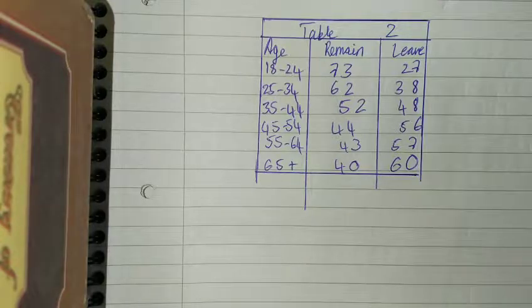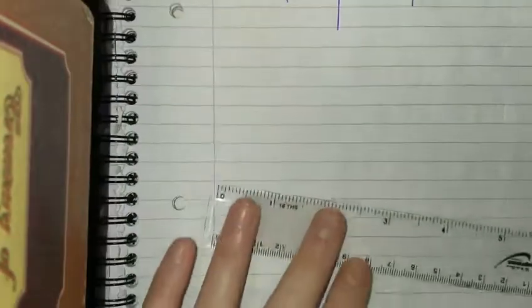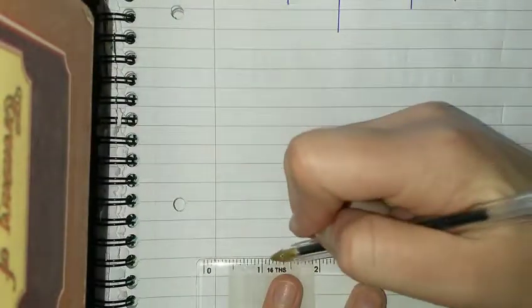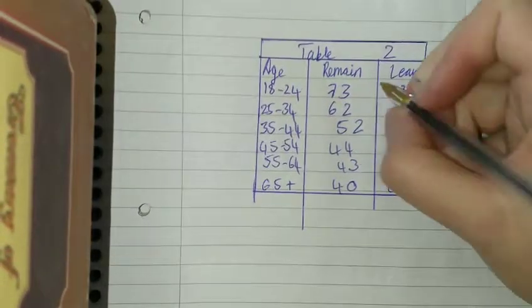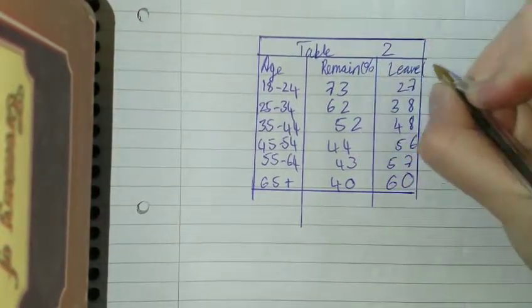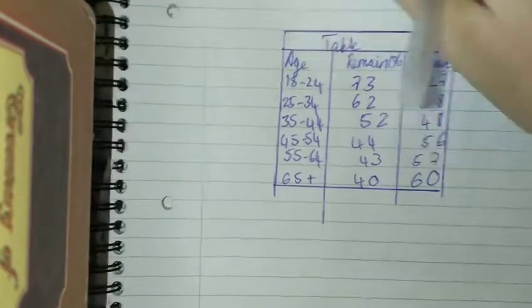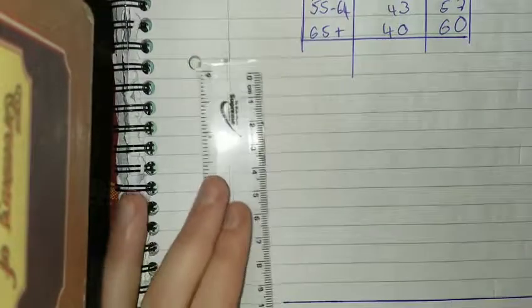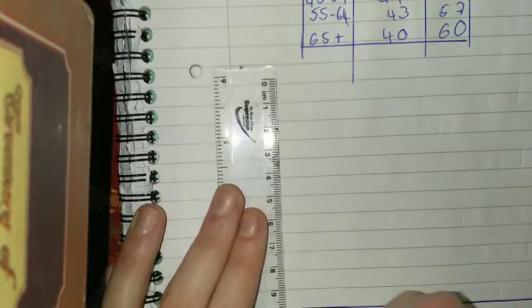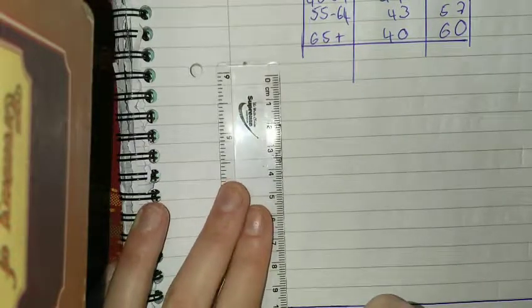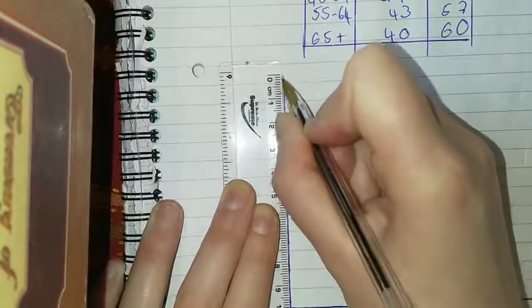So if I'm to draw a bar chart, I might have the ages on one axis, and then the remain and leave. These are all percentages, the percentage that voted to remain, the percentage that voted to leave. So then I might have percentages on my other axis. So I'll go up to 100%.